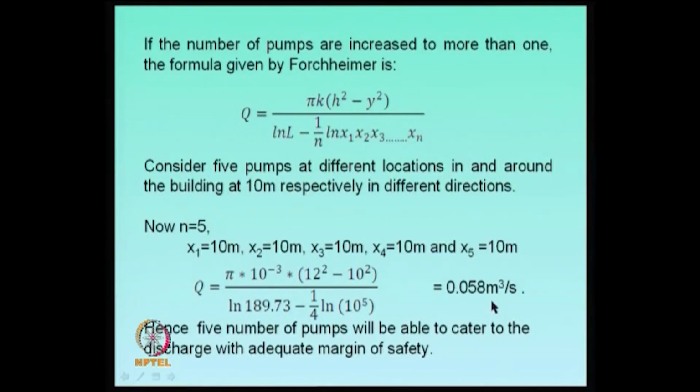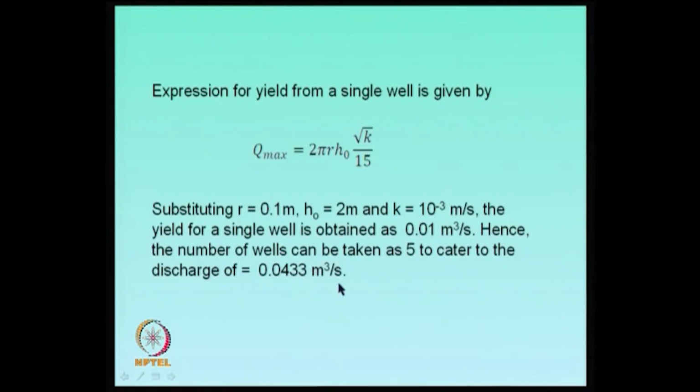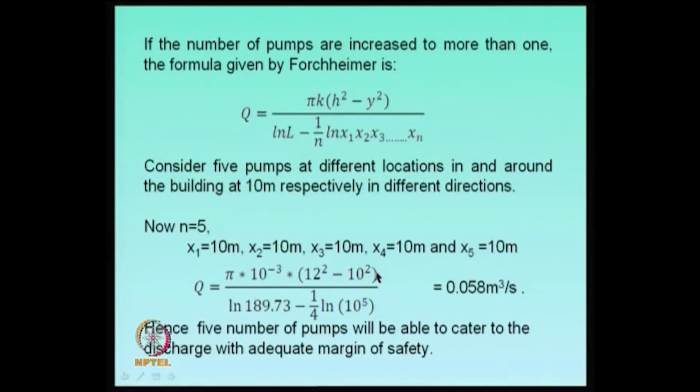which is more than 0.0433, right. This is not bad, it is okay, as it is better to have a little higher margin here, so that if something goes wrong, you always have some safety.